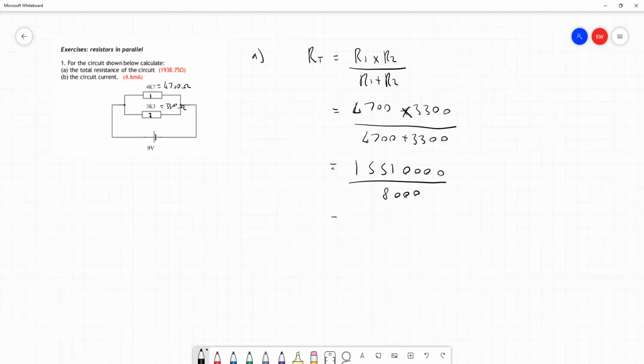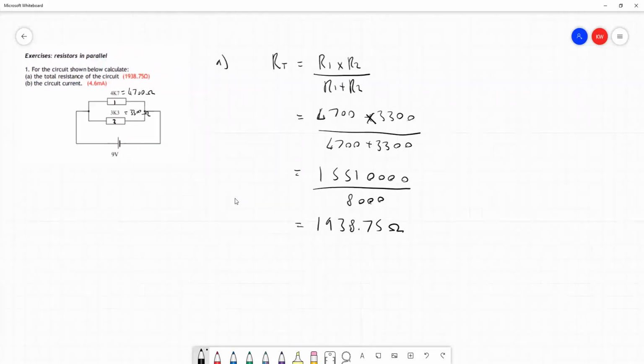So we divide the number on the top, 15,510,000, by 8,000, and we get 1938.75 ohms, which we can see from the question is indeed the correct answer. So we're happy with that.